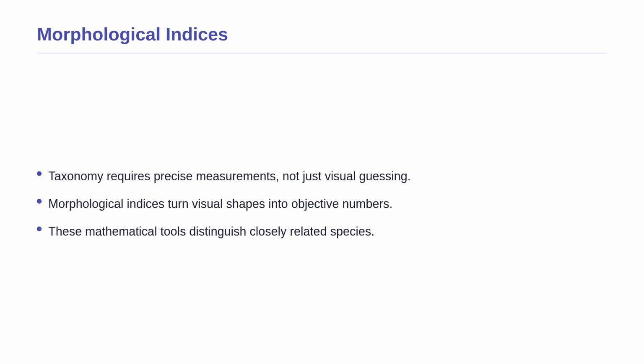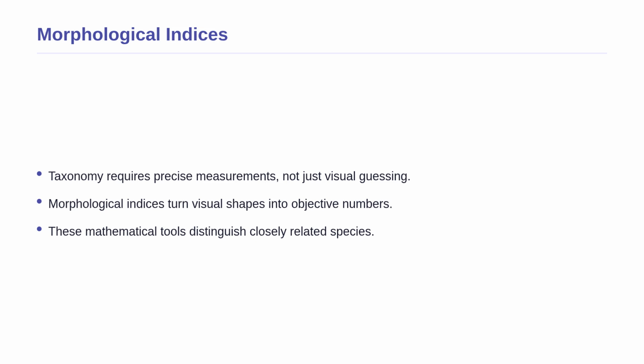A morphological index takes a visual shape, like how round or long a head is, and turns it into a hard, objective number. By relying on mathematics, we remove human error and subjectivity from the identification process, ensuring our public health data is perfectly accurate.